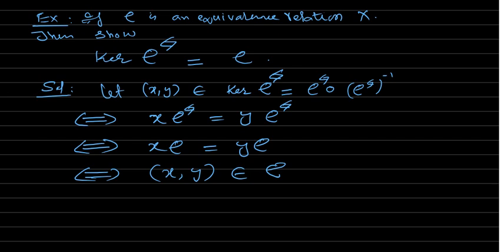So whenever x and y are in kernel of rho natural, then they are in rho also. So therefore the kernel of rho natural is equal to rho.